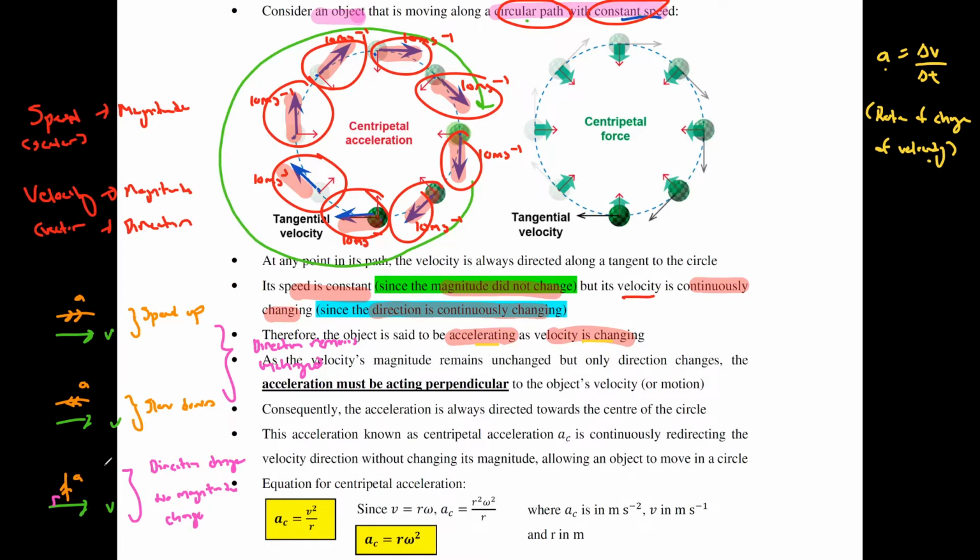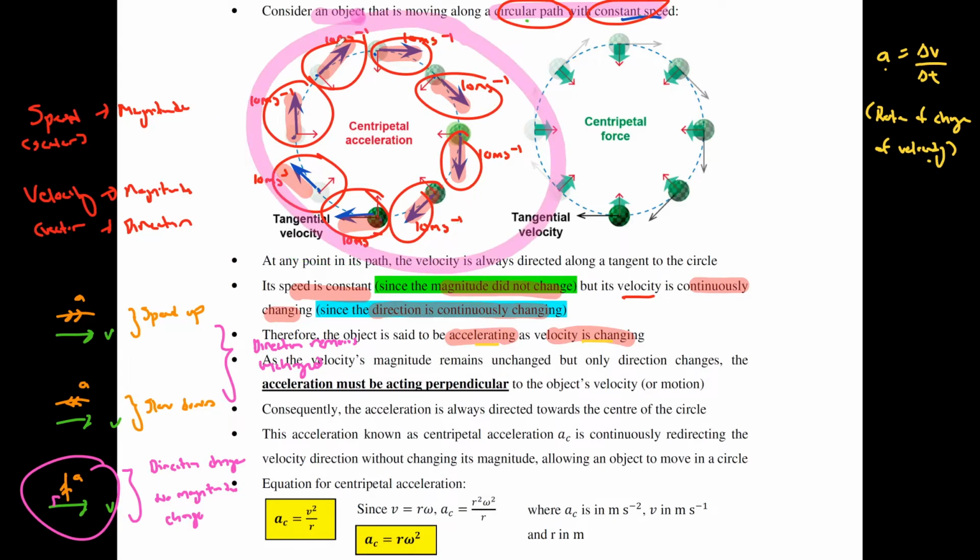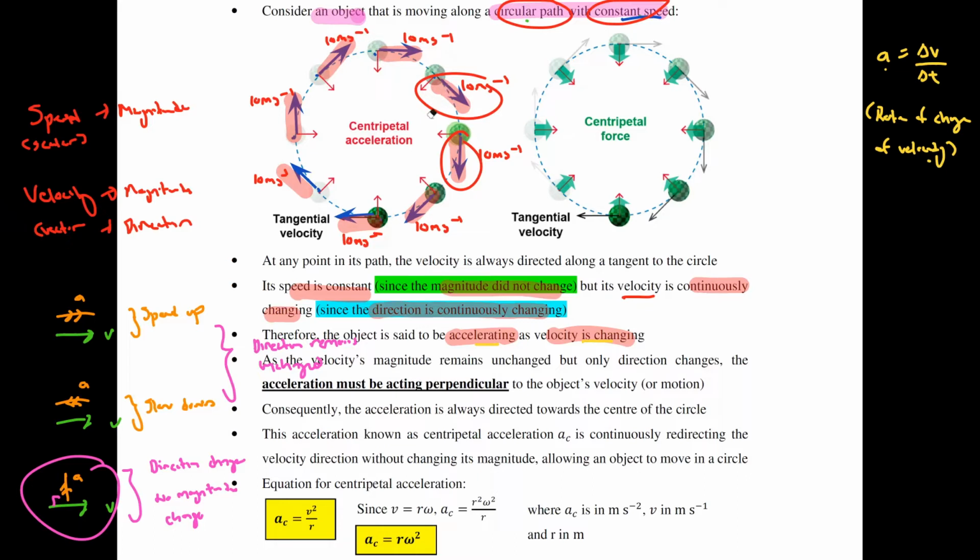Okay, so if you look back at the circular motion described here in the question, the magnitude never changed, right? It remained at 10 meters per second throughout, but the direction was changing. So you can deduce that the acceleration must be acting perpendicular to the object's velocity or motion.